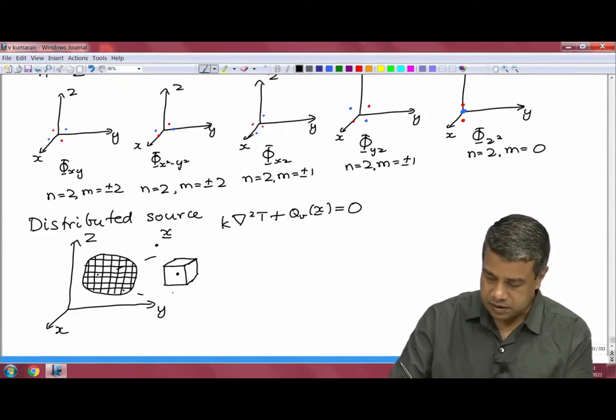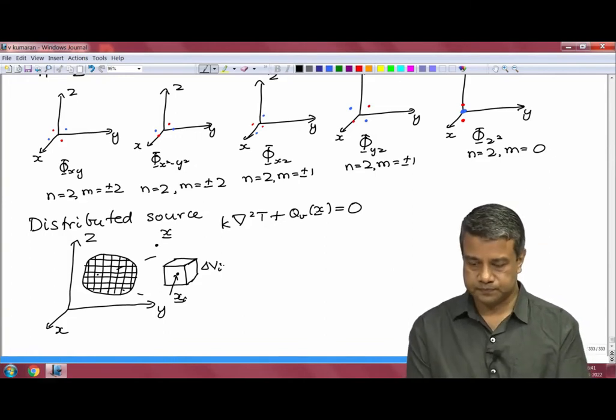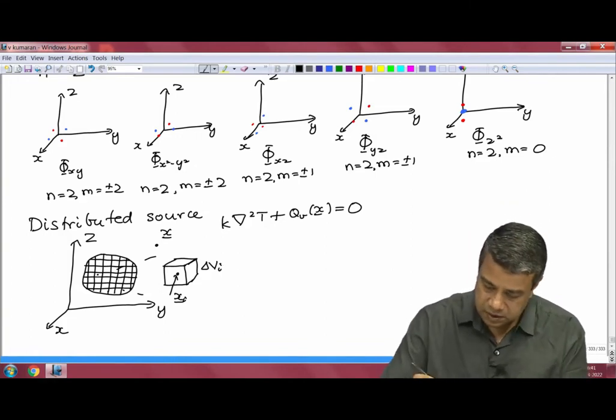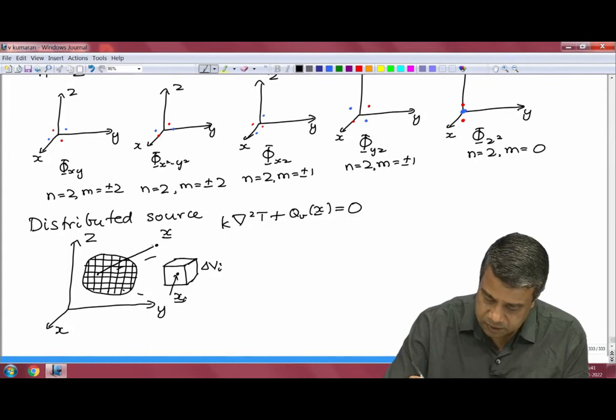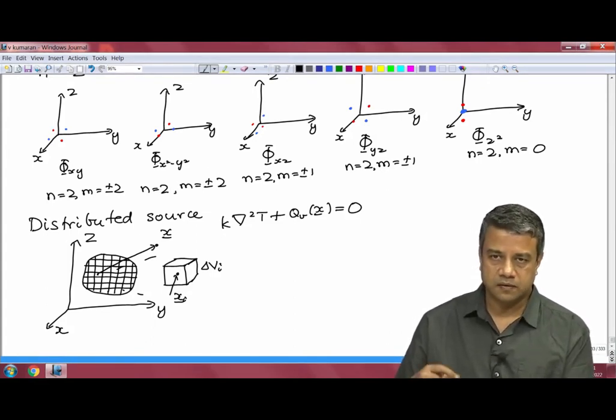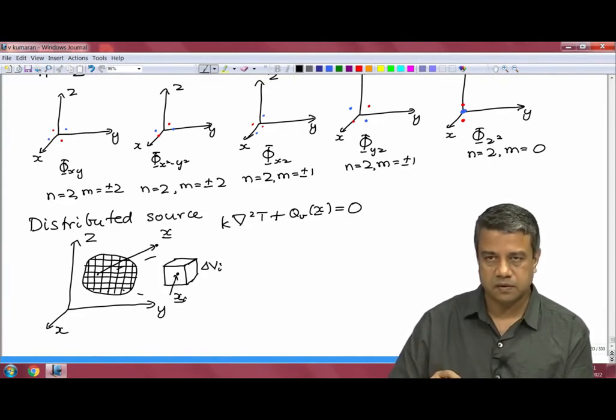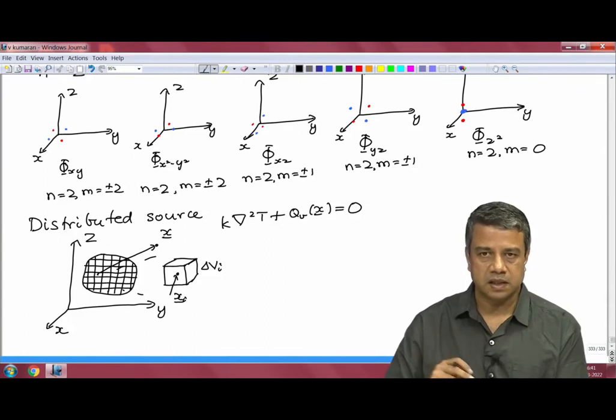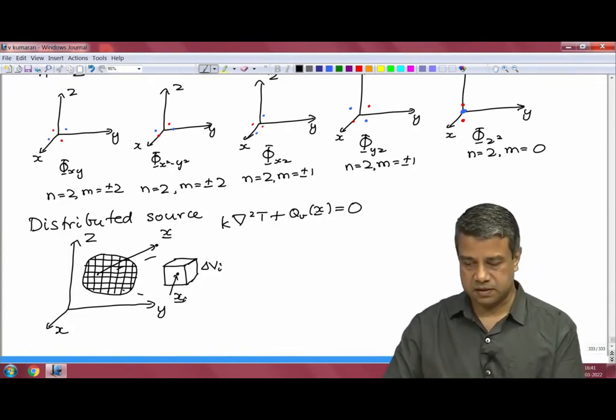The center of this is xi and the volume is delta Vi. And there is a temperature field due to that particular differential volume. The source due to that particular differential volume results in a temperature at the observation point x.